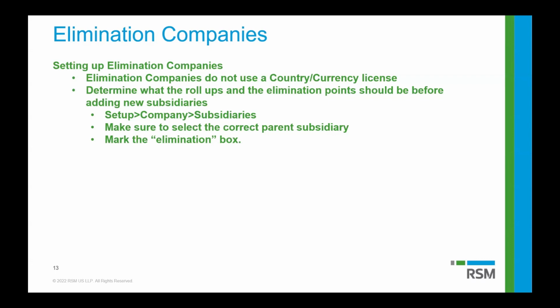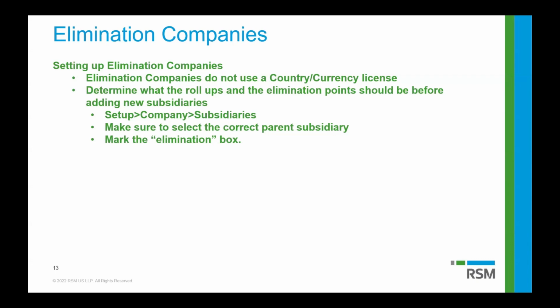Let's say, for example, I consolidate to a US holding company, and underneath that I've got two or three companies, one of which is a European holding company that has European subsidiaries underneath it. Between the European subsidiaries, they have intercompany transactions. So in the roll up to the European entity, to report it appropriately on a consolidated basis, I will need an elimination company there.